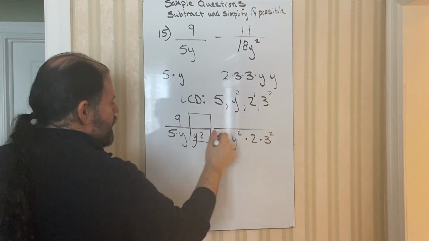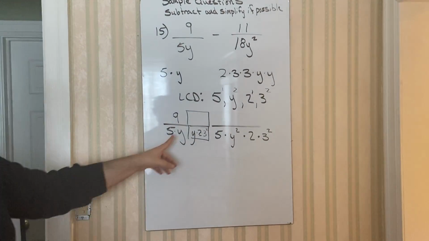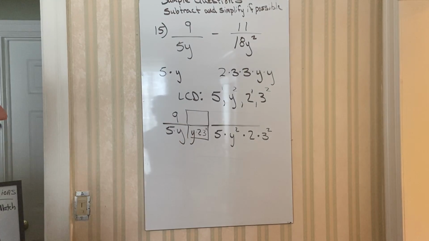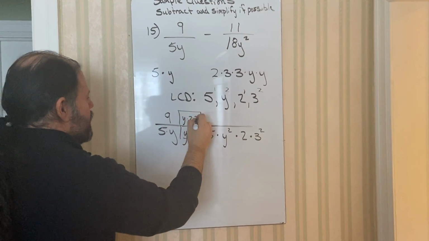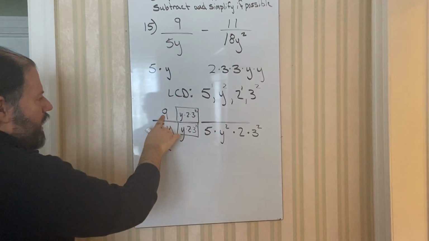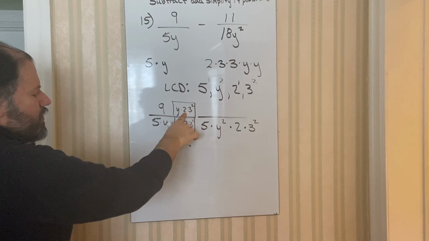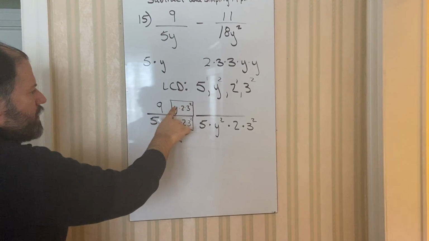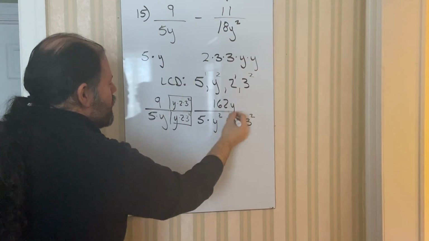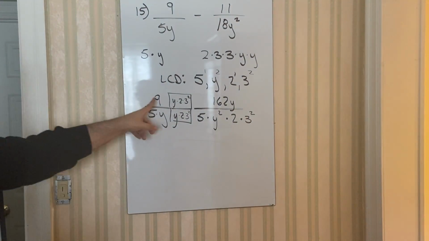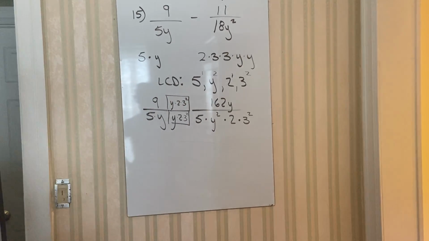And then the 3 squared. That's an extra piece. Now is the time that you probably want to multiply this all out with the 9. So 9 times 9 is 81, times 2 is 162, times y. Okay? So this is the time where I smush them together to multiply with the 9 to get that.